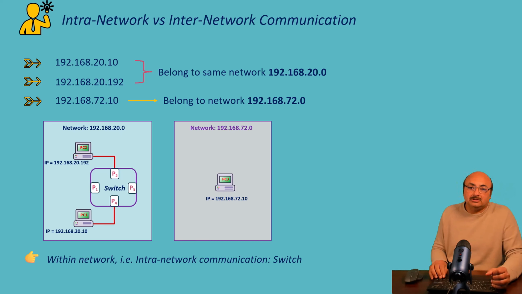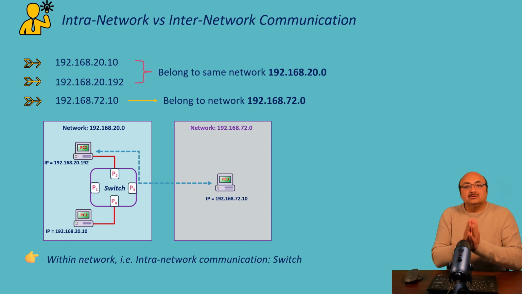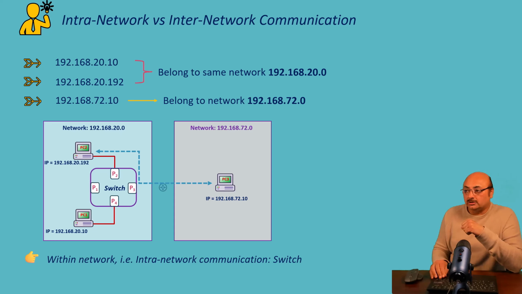And in case PC2 needs to communicate with PC3, this communication will be across networks, from one network to another network, and what we call it is inter-network communication. For this, we will need a router.